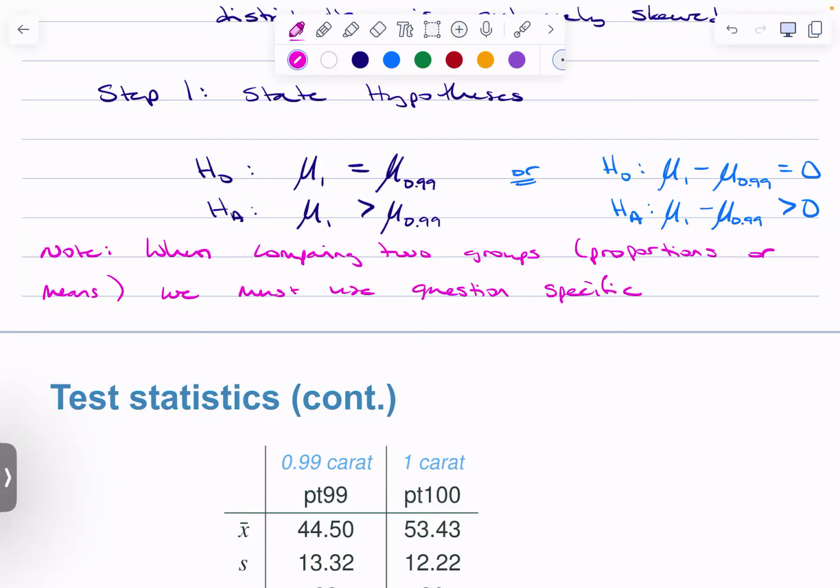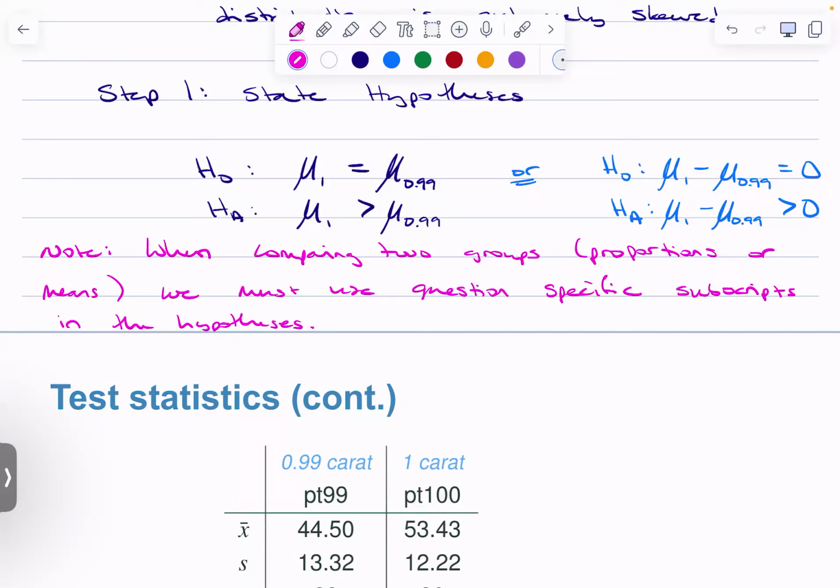I know I wrote a note when we talked about two sample proportions as well. But you have to use question-specific subscripts. Otherwise, I don't know what you're talking about in the hypotheses. It's too annoying to do it in your formula for T, but in your hypotheses, you have to.